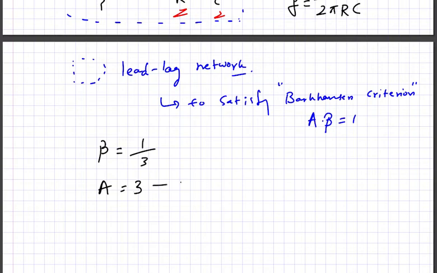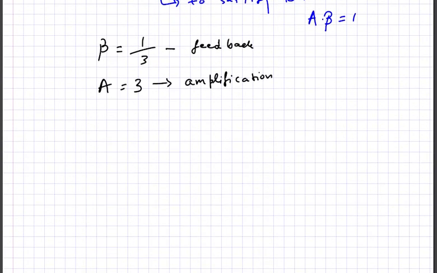So this is the feedback, and this is the amplification. You can set the amplification of an operational amplifier. We will know it when you do the circuits, just by varying the resistor outside. By doing that, you get an oscillatory output without any input. So the negative feedback is on the top.